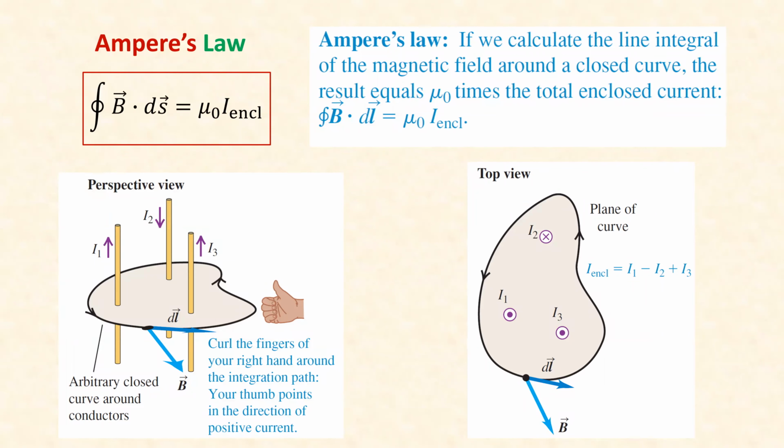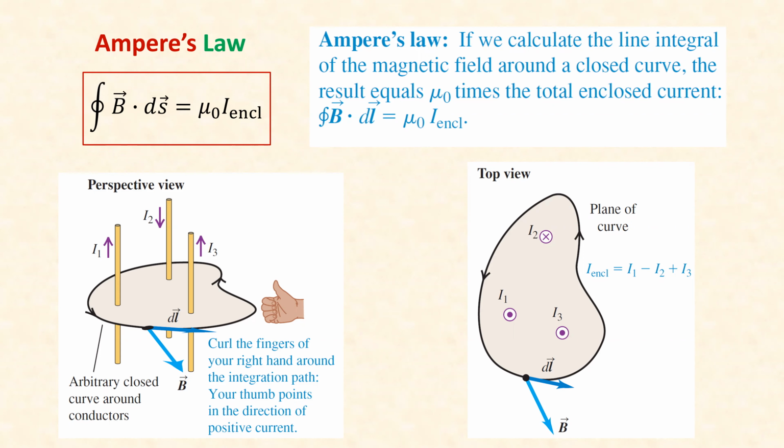And then we talked about Ampere's law that says that if you calculate the integral of B dot dl around any closed loop, that becomes equal to mu naught times the total current passing through that loop. It's similar to what we had in chapter 23 about Gauss law, but it's different. Gauss law was about the surface integral of E dot dA, which is equal to 1 over epsilon naught times the total charge inside the closed surface.